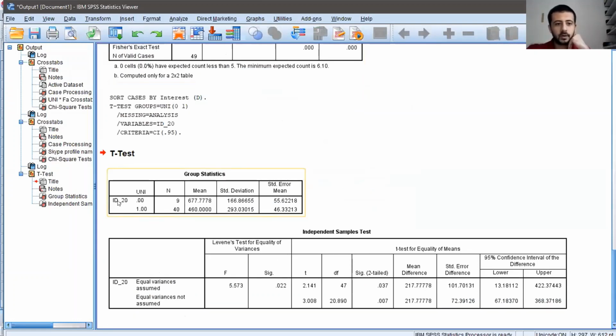So what do I have? I have the ID: 9 in the uni 0 group and 14 in the uni 1 group, with the standard deviation, the mean, and the standard error of the mean. And here I have the Levene test of equality.